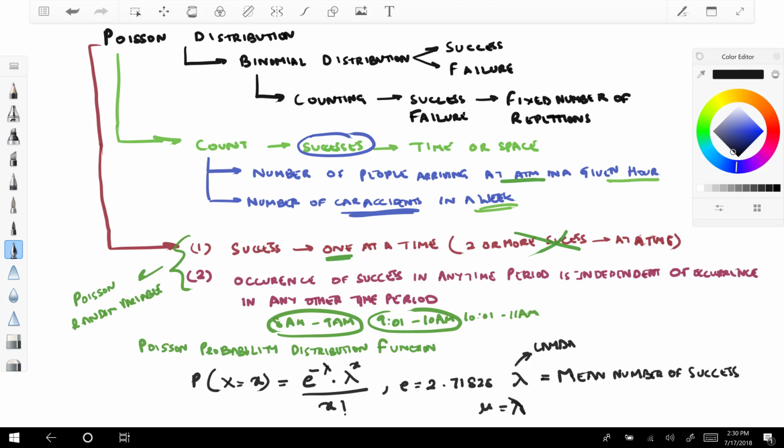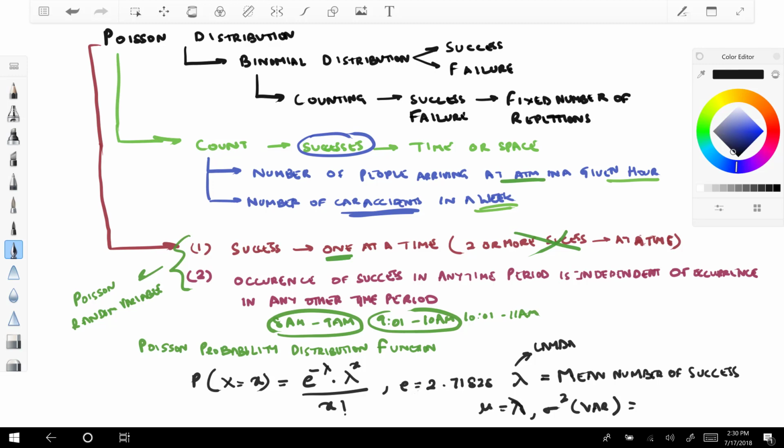One of the peculiar cases of Poisson distribution is that the variance, sigma square, is also lambda.